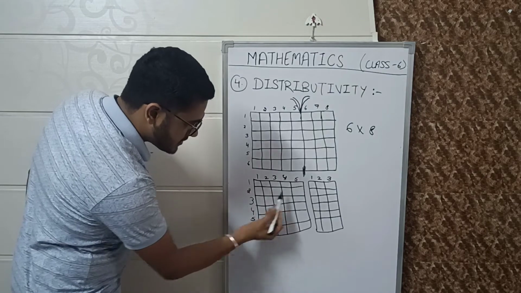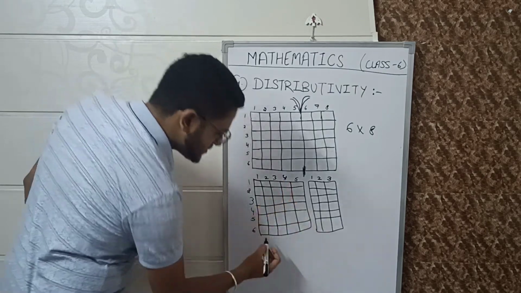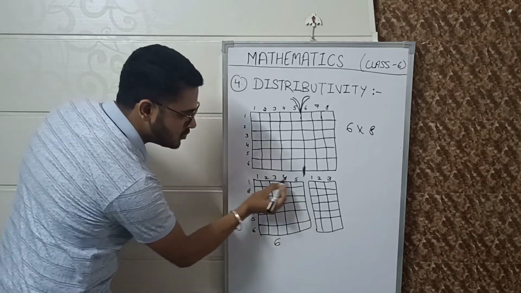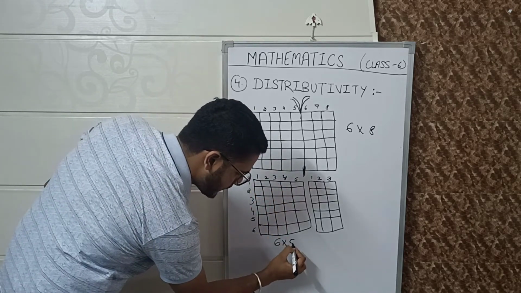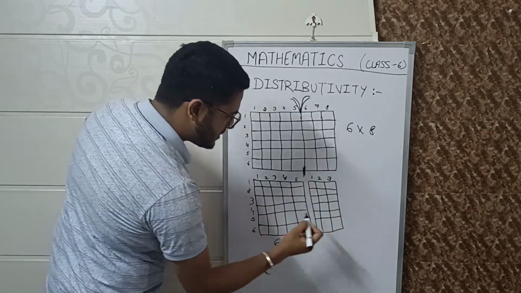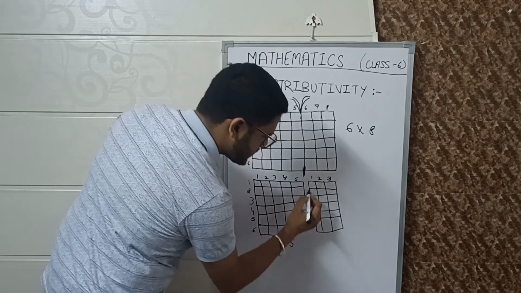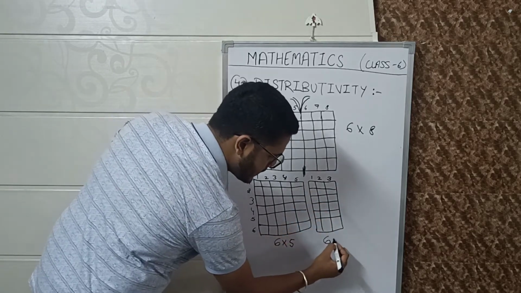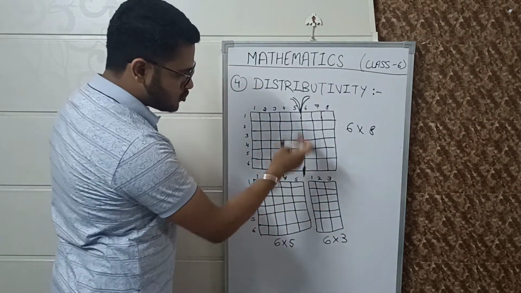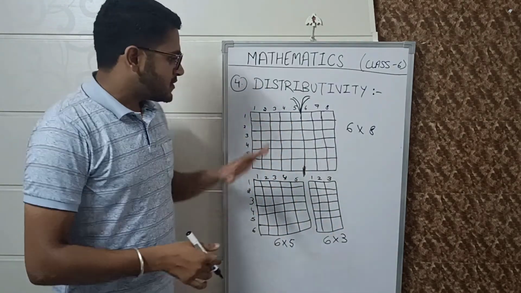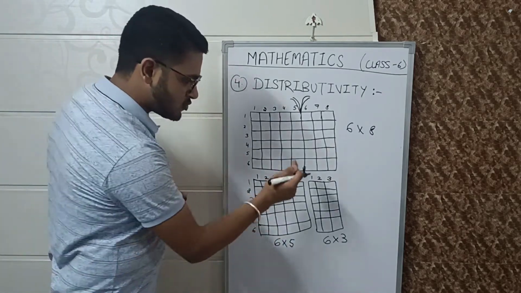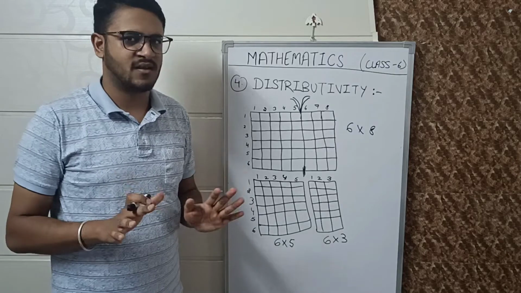The number of squares for the first graph is 6 into 5. And for the second part, the number of rows is 6 and the number of columns is 3, right? When we cut this graph paper, the total number of squares will remain the same. The total number of squares is not going to decrease or increase, right?